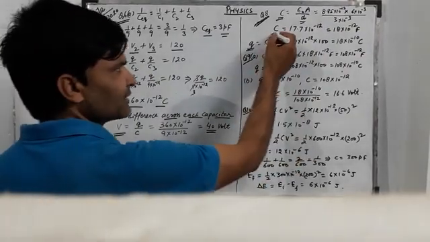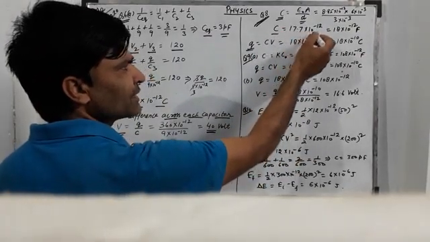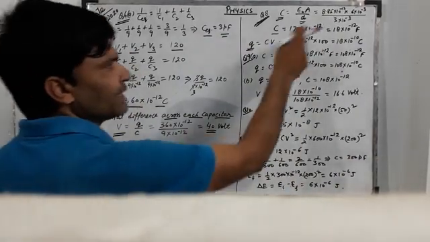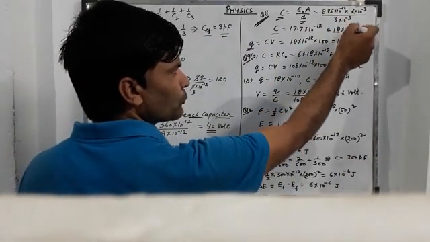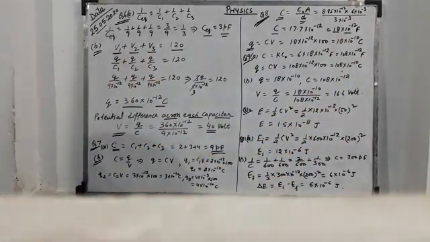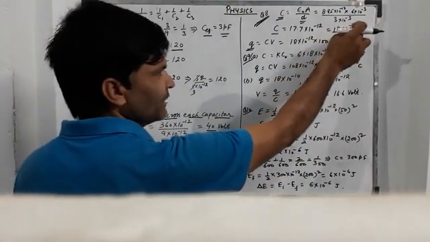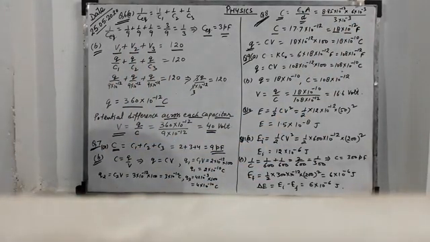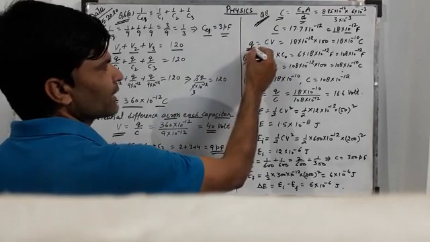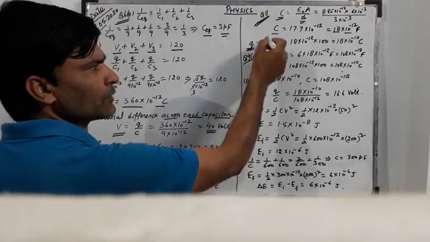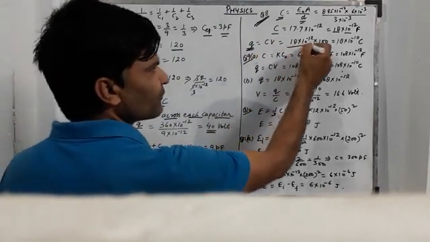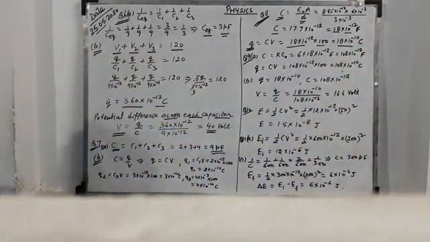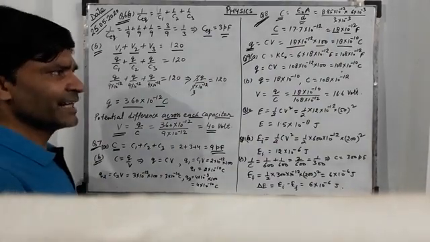Then we get C is equal to 17.7 into 10 to the power minus 12, nearly equal to 18 into 10 to the power minus 12 farad. Maybe we can say that 18 picofarad. Okay. Now the charge on capacitor, we get Q is equal to CV. By putting the value, we get the charge is 18 into 10 to the power minus 10 coulomb.